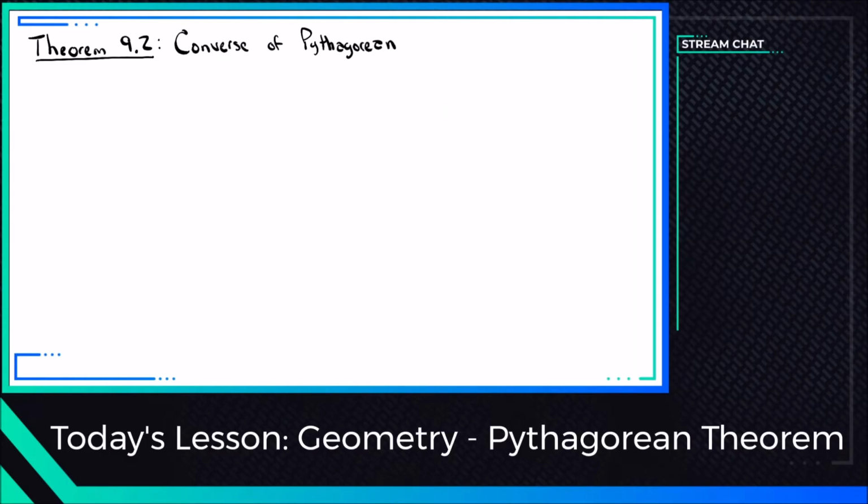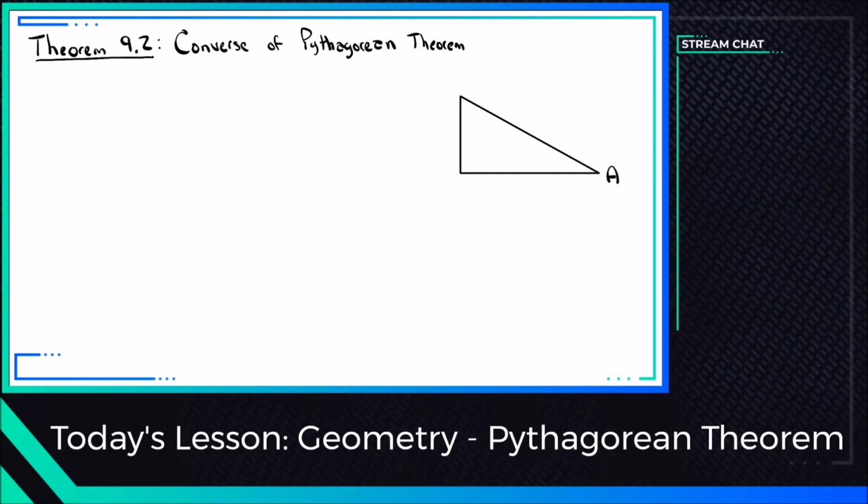So remember, the converse is kind of like saying the same thing as the original theorem, but in reverse. So if the original Pythagorean theorem states that if we have a right triangle and a squared plus b squared is equal to c squared, then the reverse is going to say if a squared plus b squared equals c squared is true, then it's going to be a right triangle.